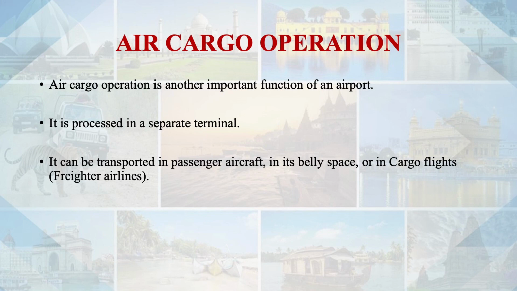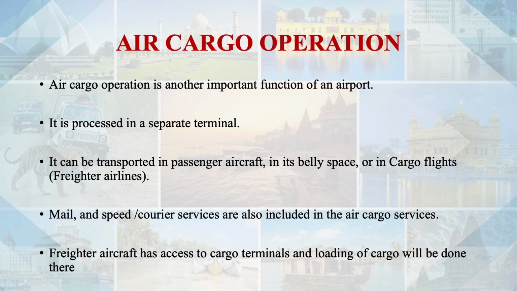So these specially designed flights for moving freight and cargo are also there. Mail and speed courier services are also included in air cargo services. DHL and these kinds of services are actually speed cargo or courier services. Freighter aircraft has access to cargo terminals, and loading of cargo is done in that particular area.